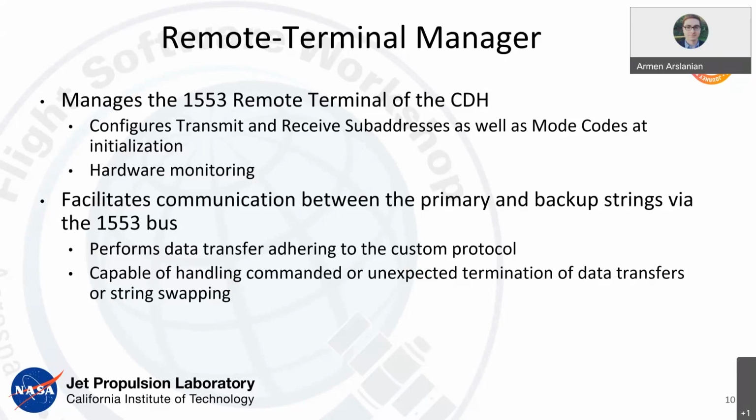Its main purpose is to facilitate the communication between the primary and backup CNDH over the 1553 bus. It performs the data transfer based on the custom protocol that we implemented. It notifies cross-string manager that the prime string is requesting a data transfer, and it also passes the data to cross-string manager in a format that is ready for the backup string to process.